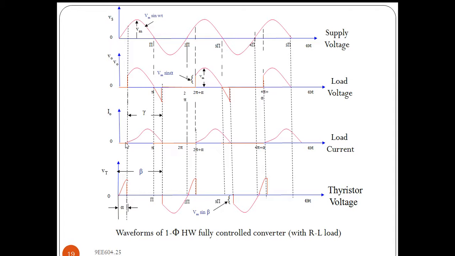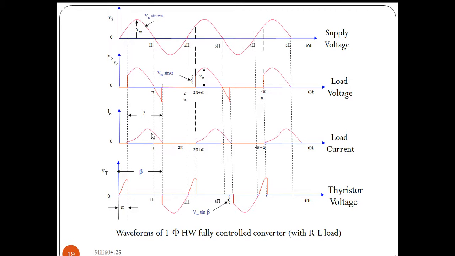The current and voltage waveforms are not symmetrical if we closely observe, because the load is an inductor. The inductor doesn't allow sudden change in current, so slowly the output current increases, reaches the maximum value, and slowly decreases with respect to pi.